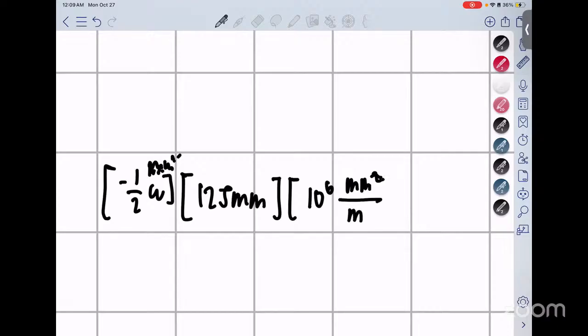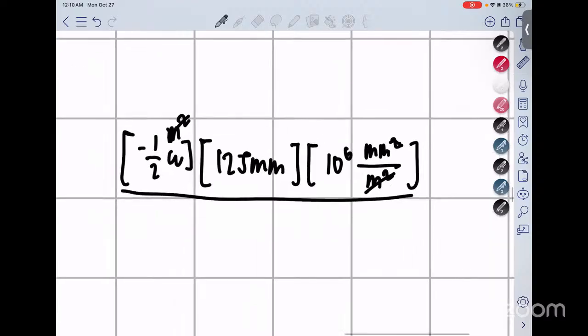Over meter squared. Oh god. This is mm squared. Ay, meter squared din, sorry. Meter squared. So then divide this all over the I, which is the same exact one times 10 to the 3 mm.